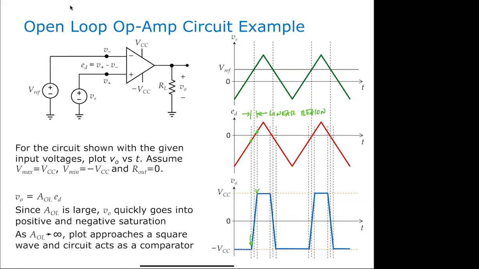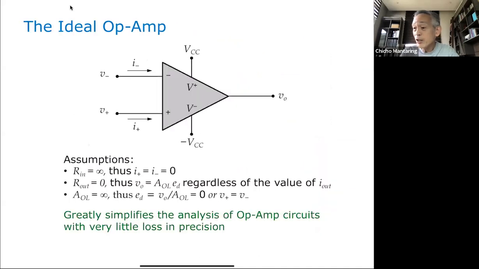Okay. So let's go on. So what is your ideal op-amp? Ano yung ideal op-amp? Ang ideal op-amp natin, yung input resistance natin is infinite. Anong ibig sabihin nun? The resistance between this point and this point is infinite. In other words, this is an open circuit.